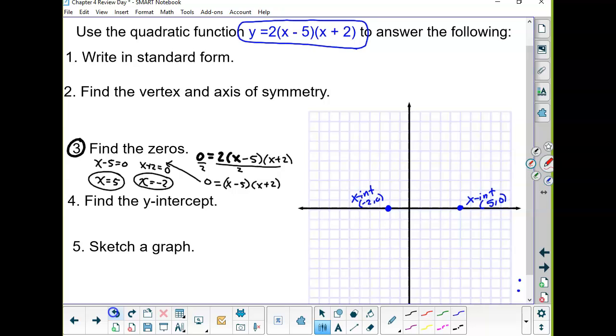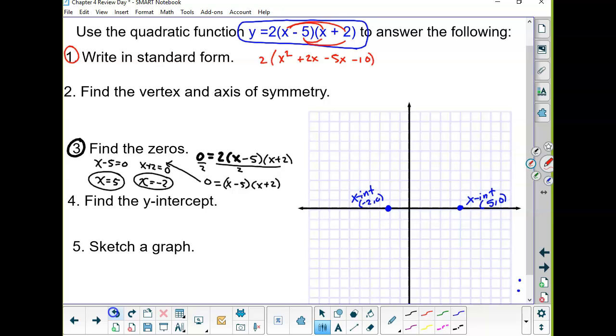But part 1 says convert this to standard form. So what I'm going to do is FOIL, or expand this out. I'm going to do the inside part first, and then I'll times it by 2. So I'll get x times x is x squared, x times 2, negative 5 times x, and negative 5 times 2.